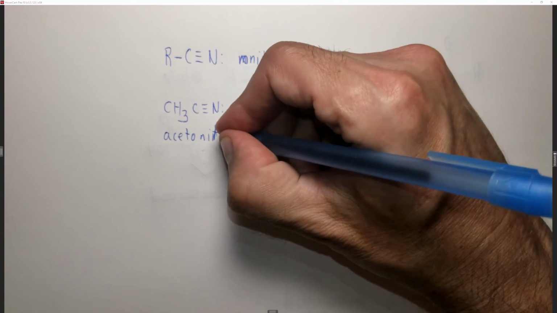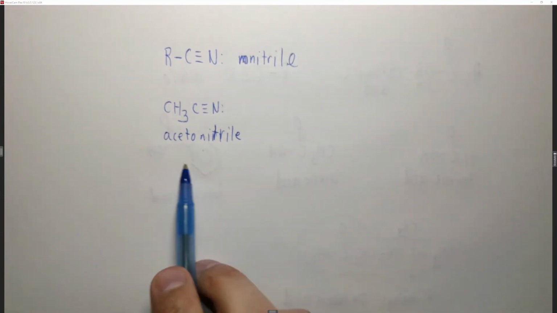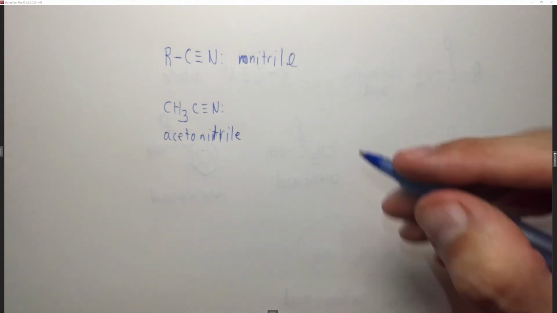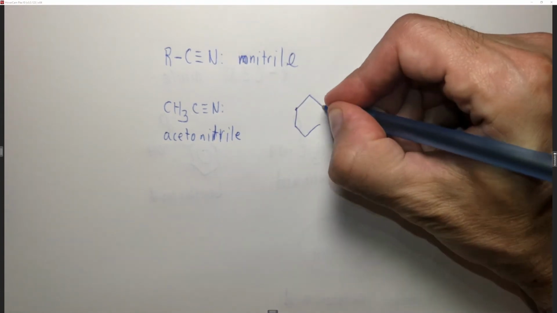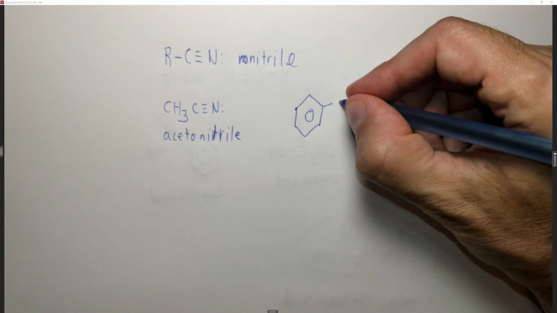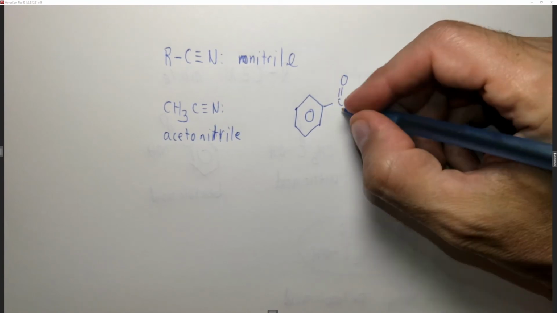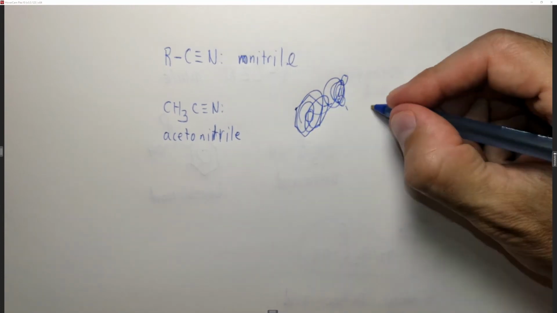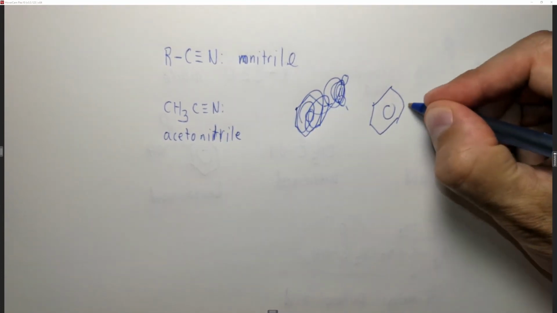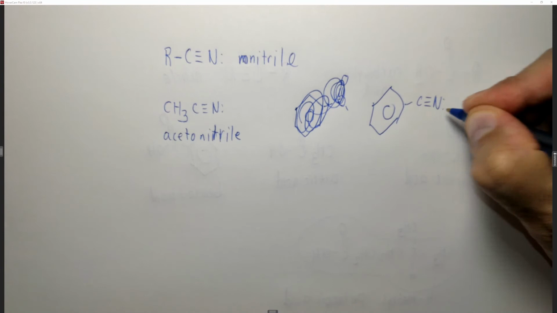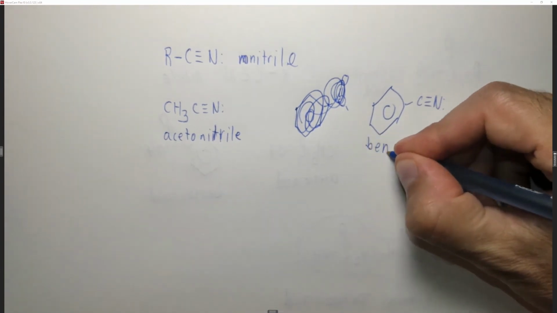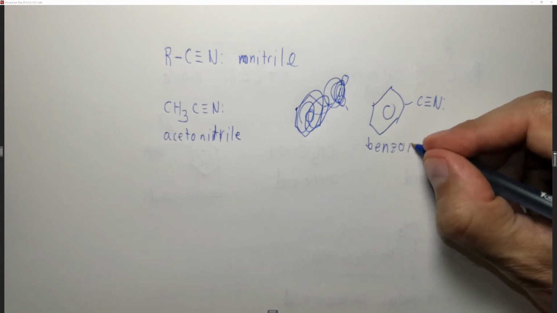All right, just like acetic acid with the carboxylic acid, this is acetonitrile. We could have a benzene ring. Whoops, I was drawing benzoic acid. Let me try that again. So we can have a benzene ring attached to a nitrile group. This is called benzonitrile. Instead of benzoic acid, it's benzonitrile.